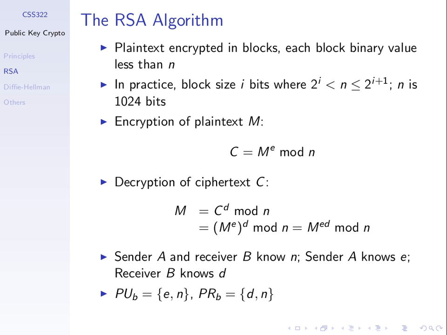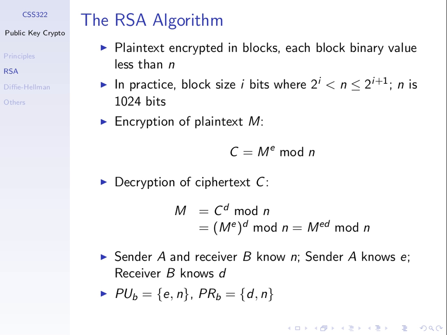So E and D need to be, or are, multiplicative inverses of each other in mod the totient of n, and E is relatively prime with the totient of n. So E and D need to be multiplicative inverses of each other.